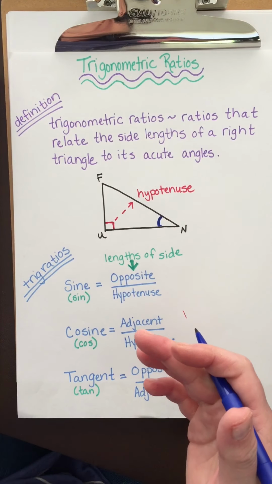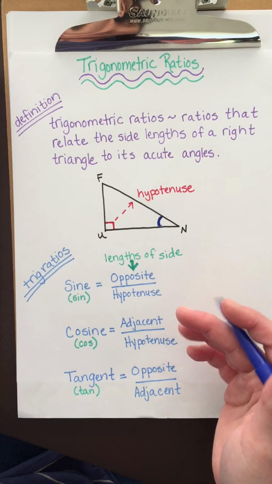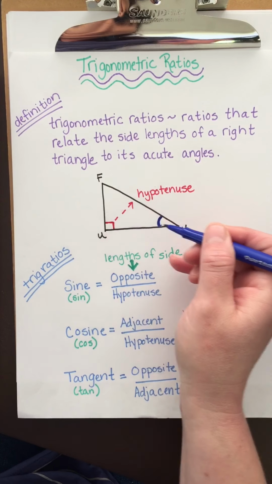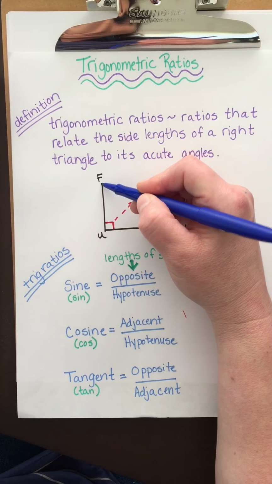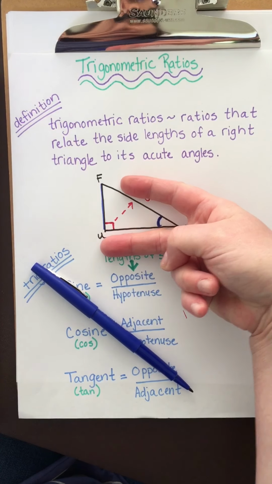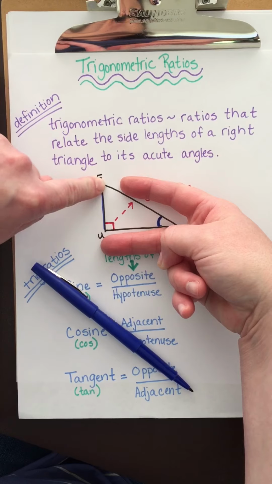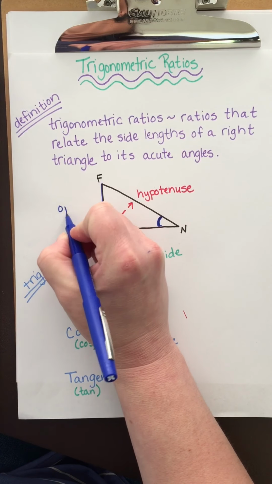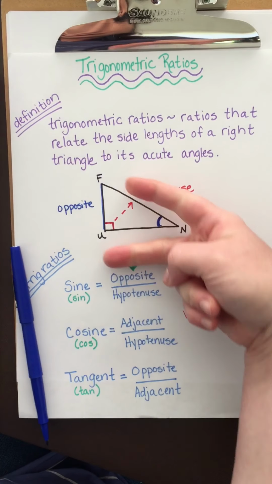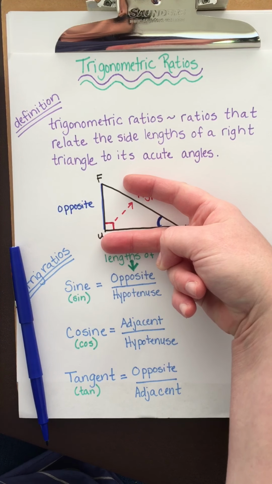So everything I'm talking about is going to be in relation to angle N. So what if I wanted the side opposite angle N? When I look at this triangle, opposite would be directly across from angle N. So that would be this side. As you can see, it's the side of the triangle that's not part of the angle, whichever angle we're talking about.